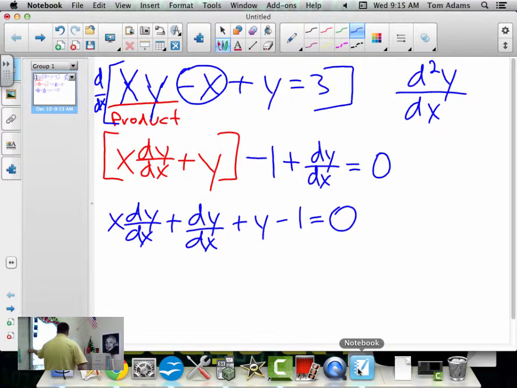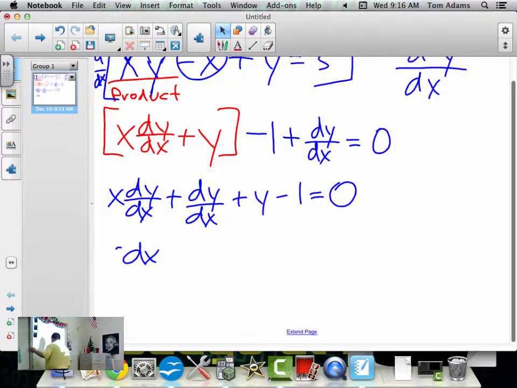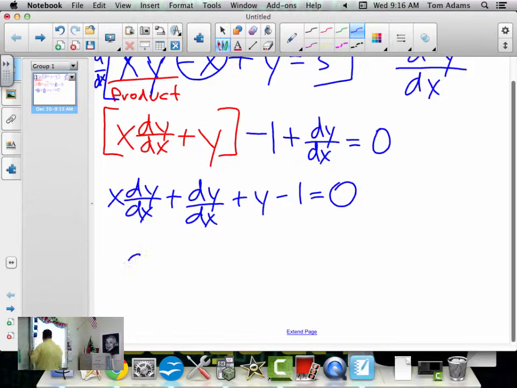You guys with me so far on this? Yeah. Okay. So then I think the next thing I want to do is I want to get all the dy dx's on one side. So if I factor out dy dx, I get x plus 1.